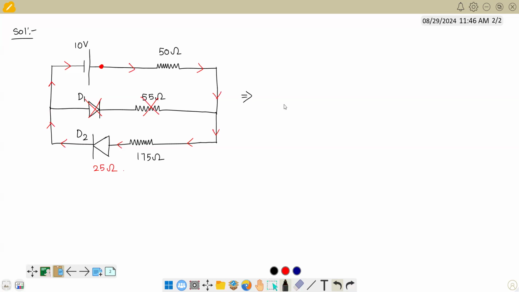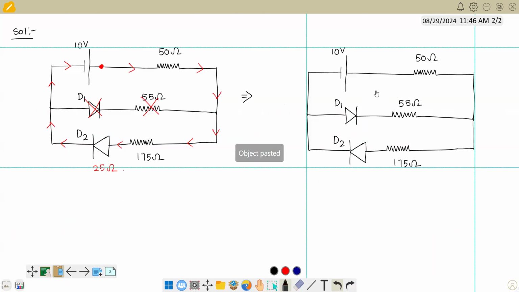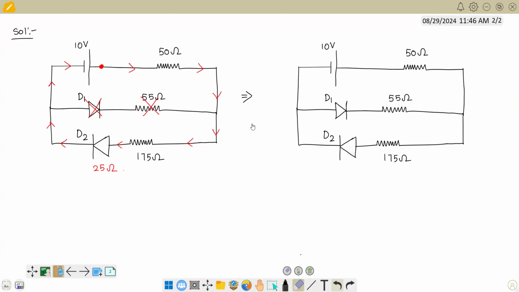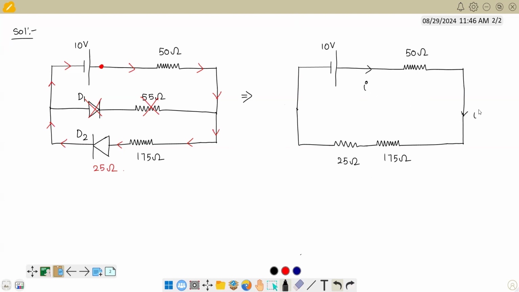We can redraw this entire circuit. We can completely remove this because no current is flowing through this. And in place of this diode, I can draw a resistance of 25 ohm. Now the current is flowing this way.